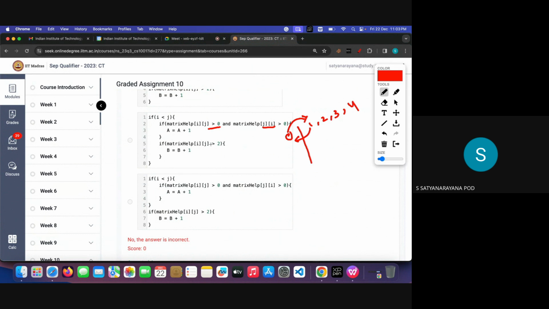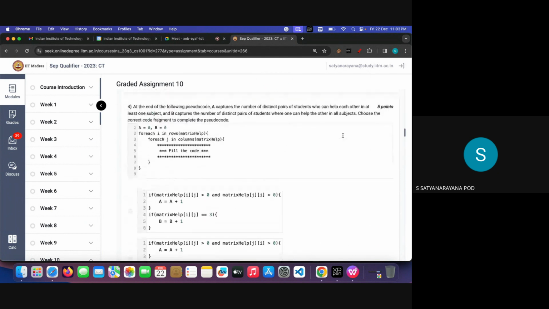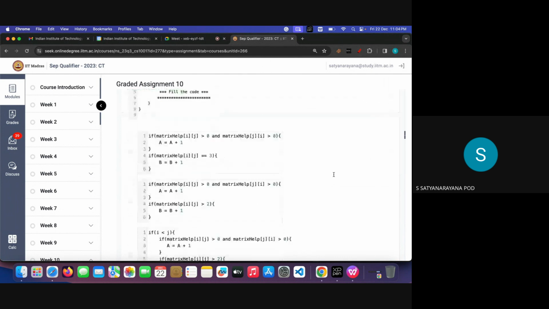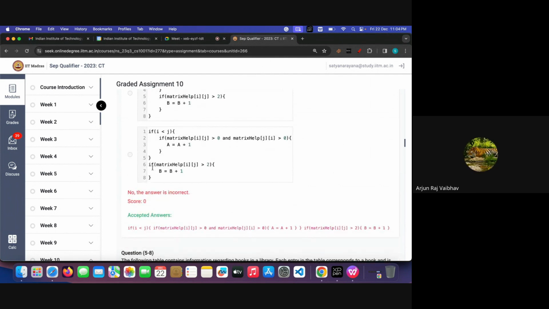But if you put it inside, it works for each other, because I should be less than J. But here, a student where one can help means I can help all other students only, not others to I. So we should not put this if condition inside. That's the reason.